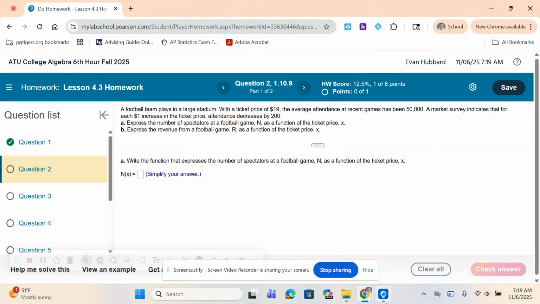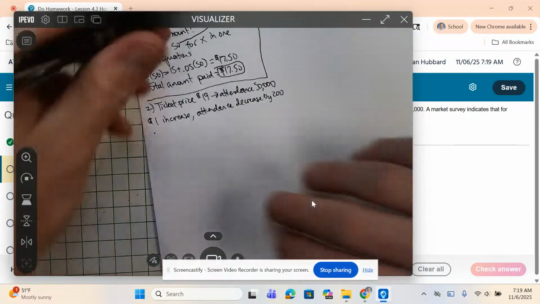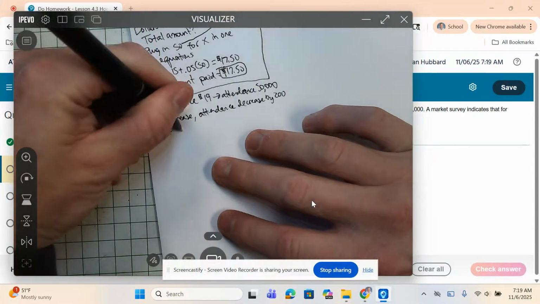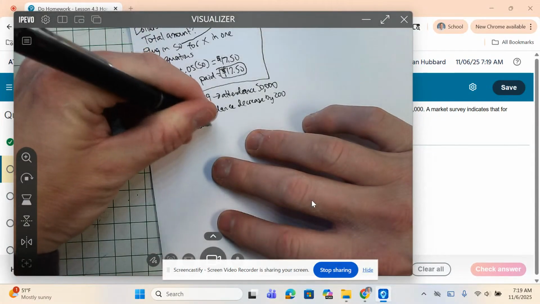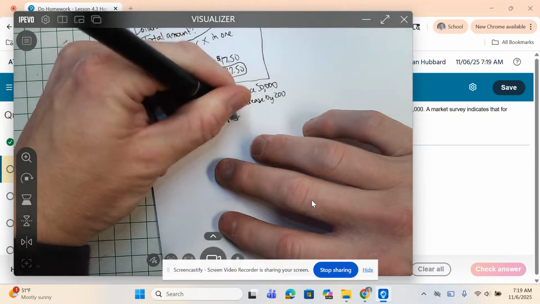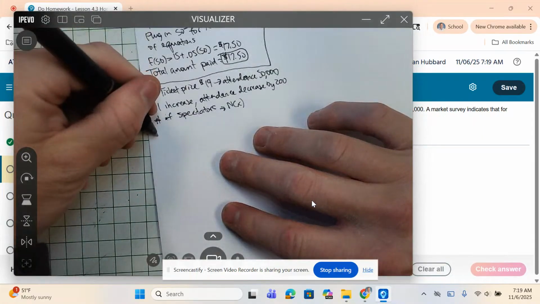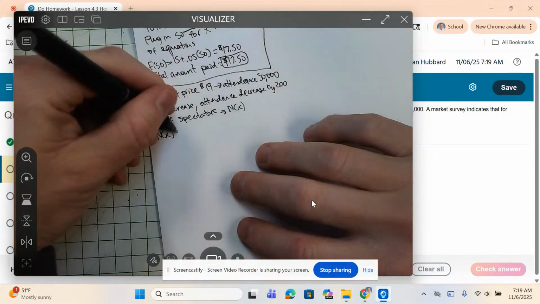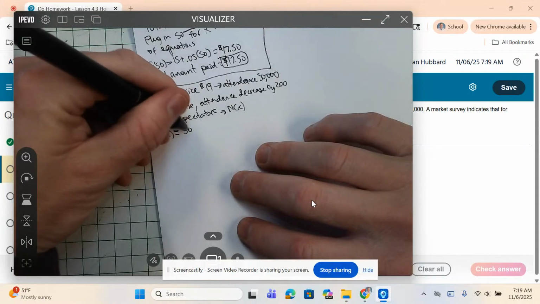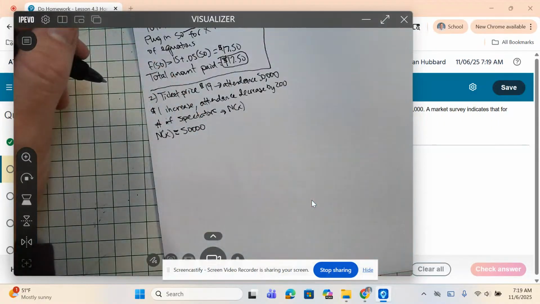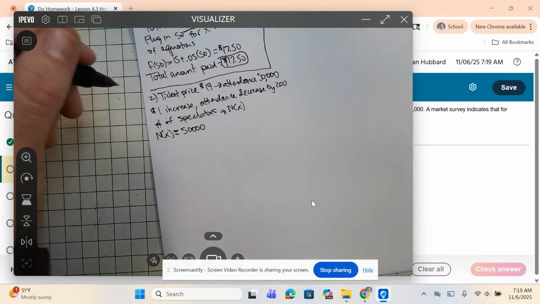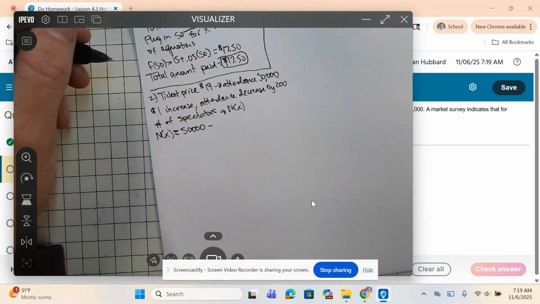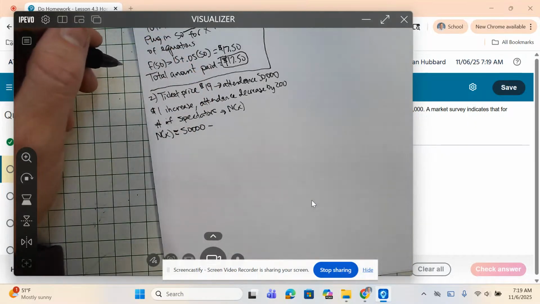All right, so what you're going to do here is you're going to take your number of spectators, n of x. Okay. So what happens is your spectators start off at 50,000. But you're losing people. And so every dollar you increase it, you're losing 200 people.